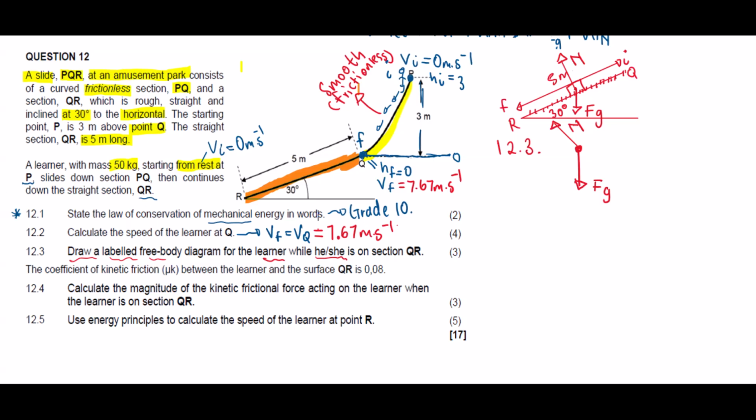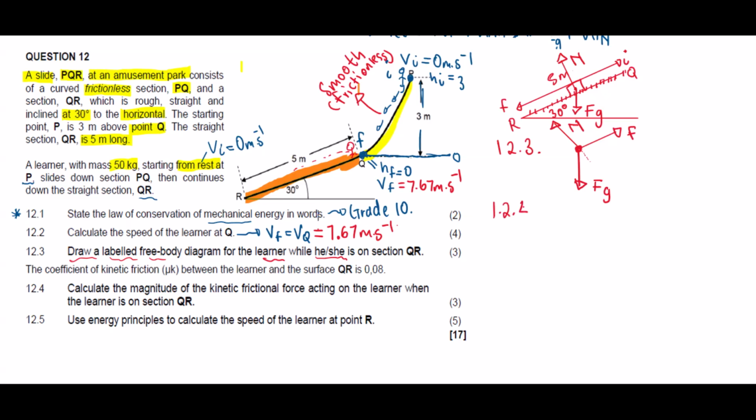Since the object is going down, the learner is sliding down, so the friction is going to oppose the motion. Friction will go up the incline since the learner is going down the slope, right? So this is what we will have for the free body diagram. Can we go to 1.2.4?